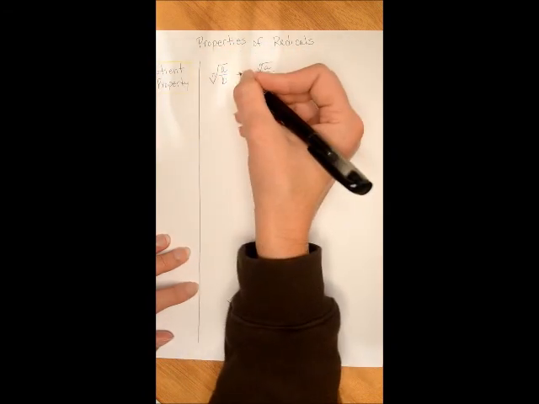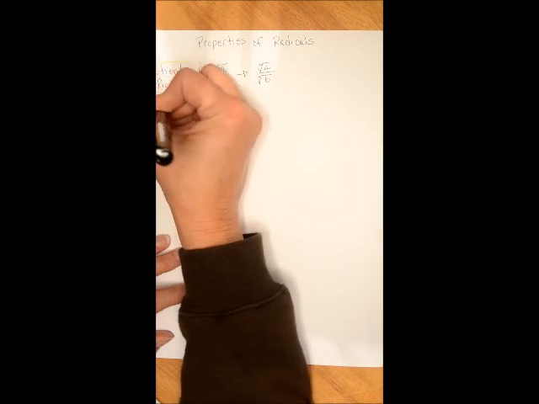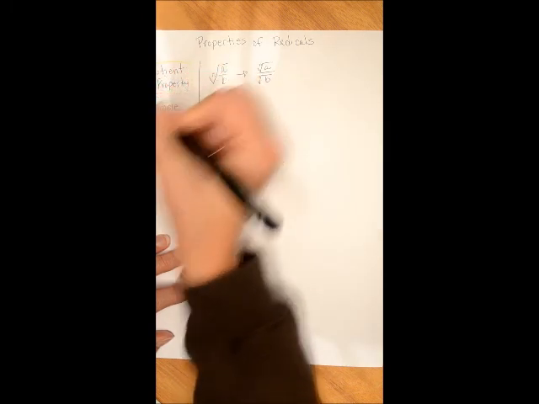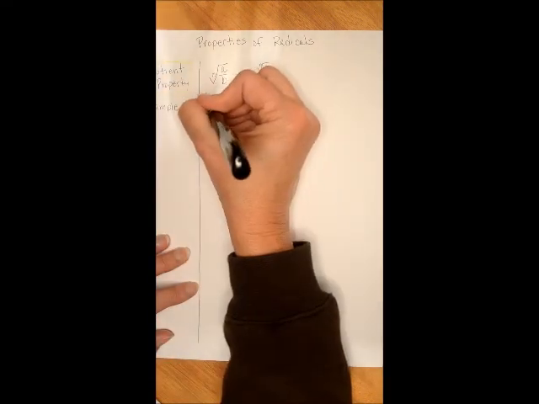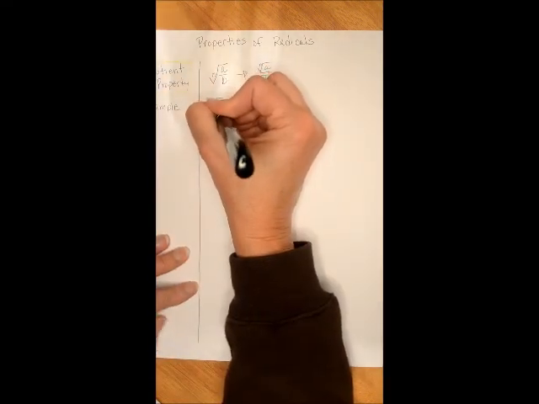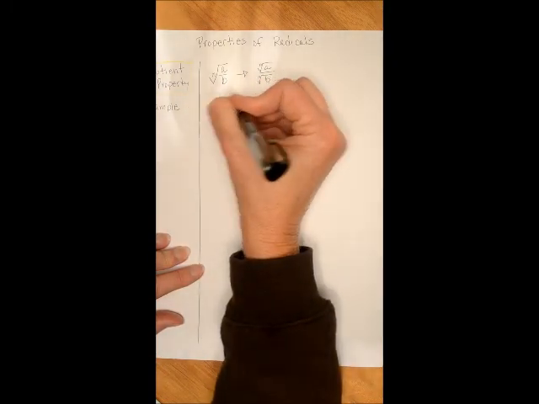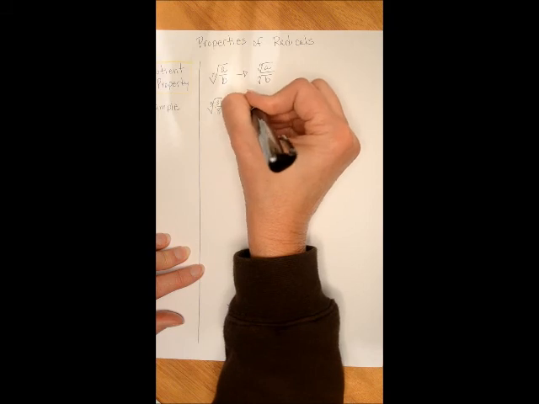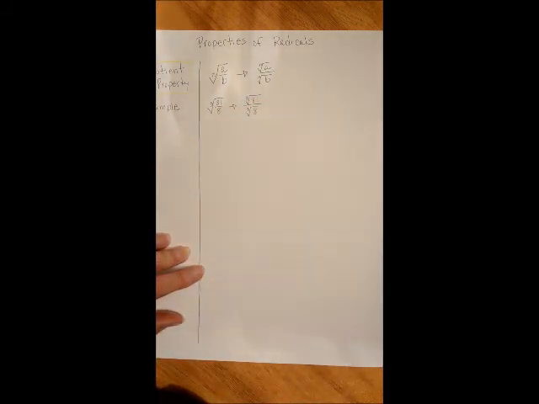All right, quotient property. Here's an example. The cube root of 81 over 8. So what I'm going to do is split it up. I have cube root of 81 all over cube root of 8.